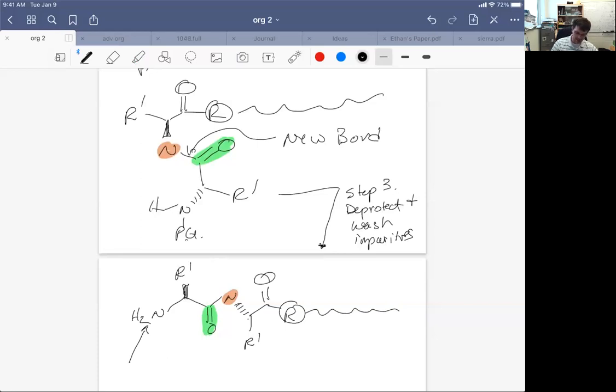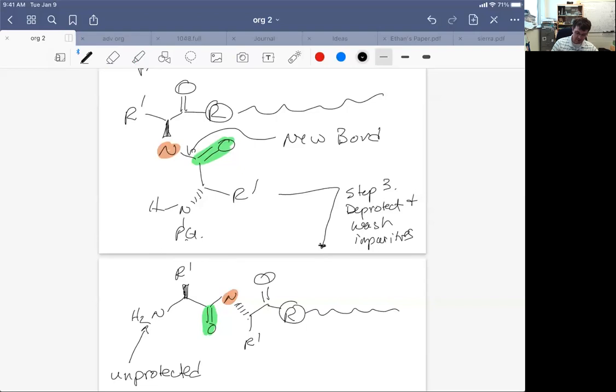And we add another amino acid. So we unprotect the amine, and we wash away all of the impurities. And the reason why we can wash away all the impurities is the growing chain that's on the resin. That resin's insoluble. So if we rinse everything with some sort of cleaning solvent, our resin and the stuff attached to it stays, but all of the impurities wash away.